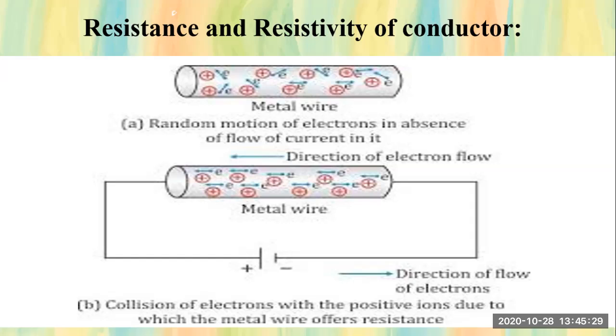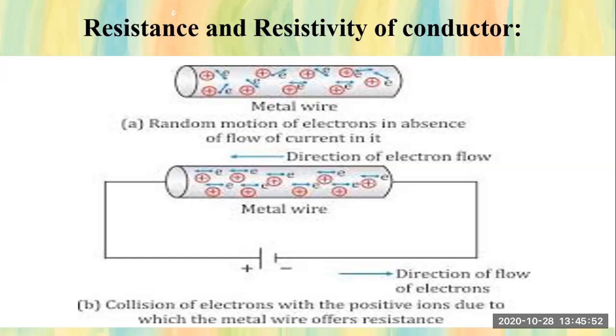Now see, as we have connected the wires to the batteries. When we have not connected batteries, the electrons are in random motion. Now as I have connected batteries, I see that the electrons are moving in a direction, that is negative to positive.